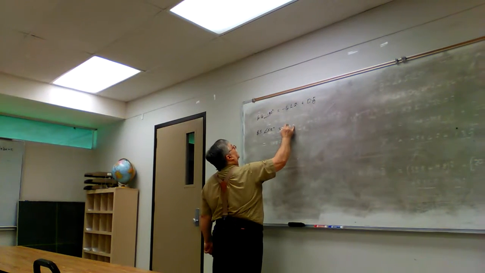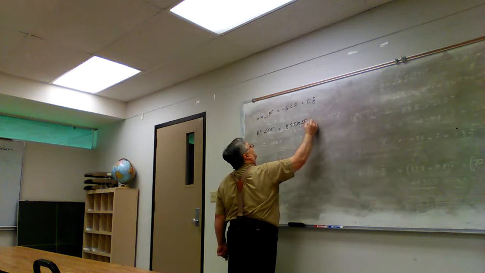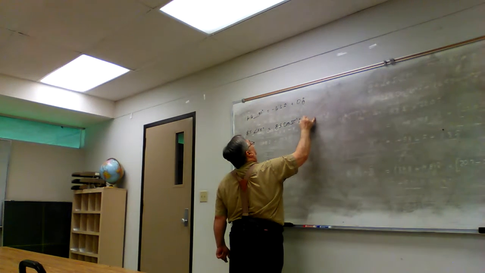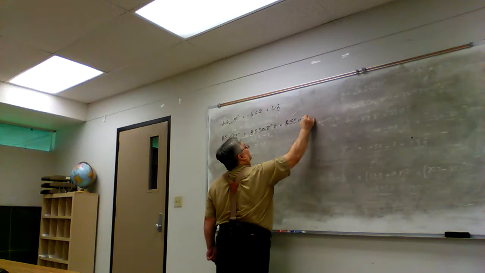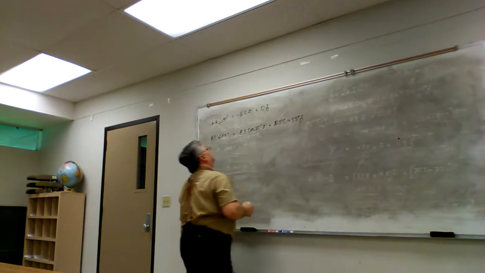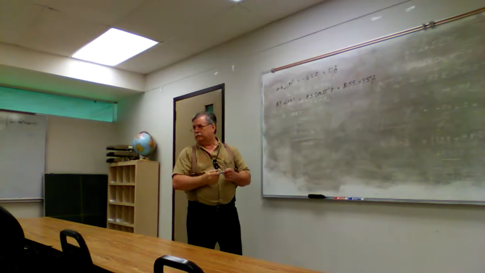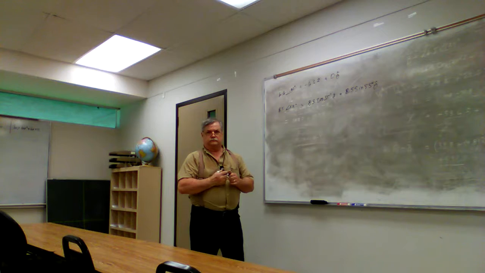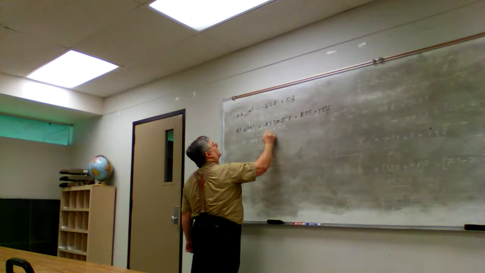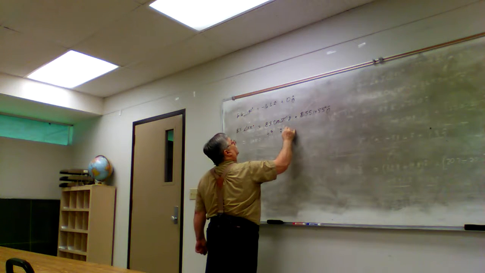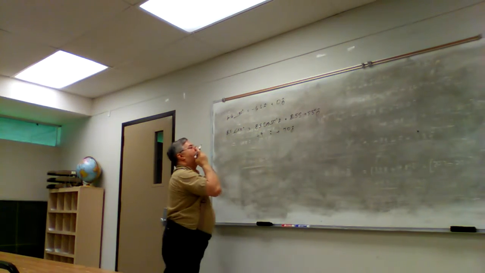Okay. Here we've got 8.5 times the cosine of 55 degrees I plus 8.5 times the sine of 55 degrees J. Somebody with a calculator. Plus what? 7.0? Okay.